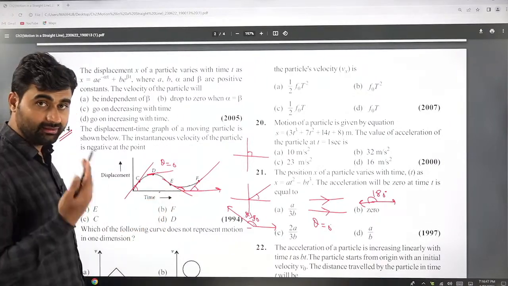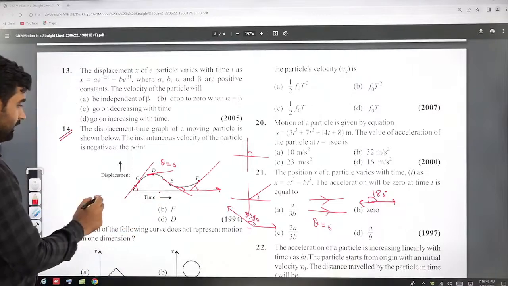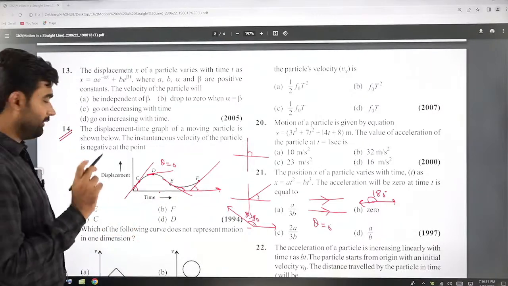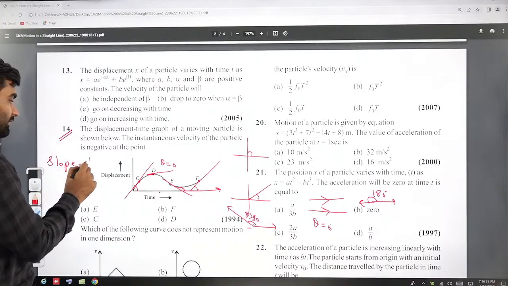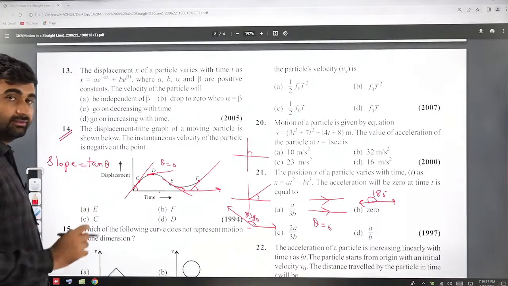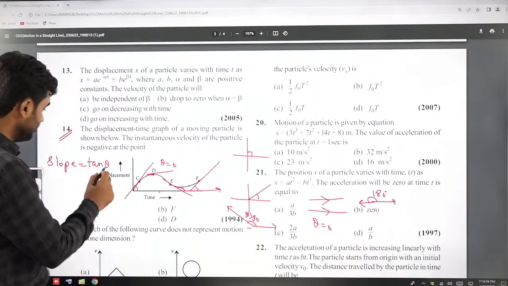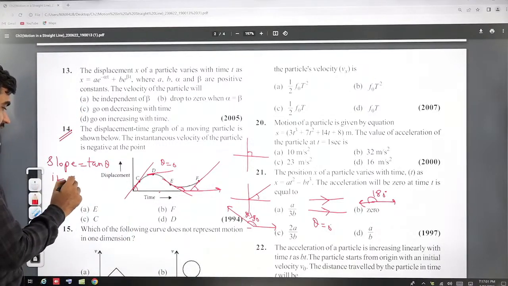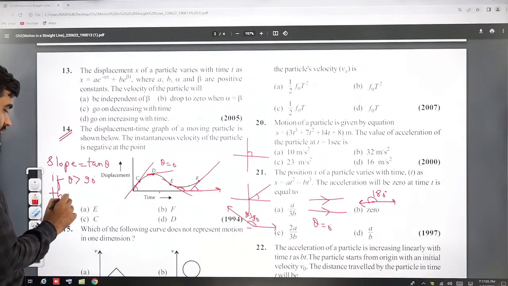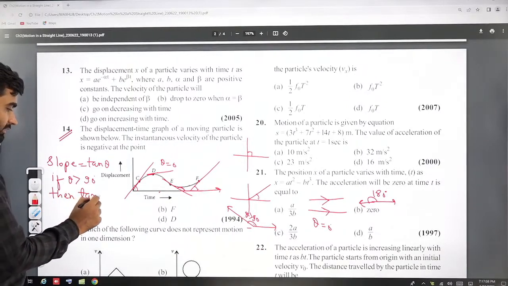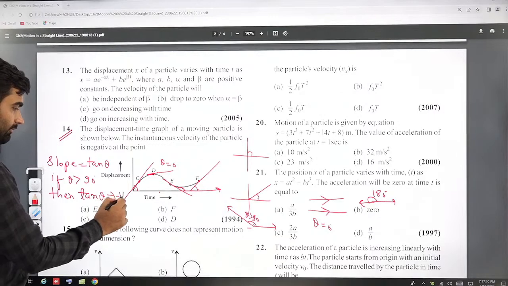So if the total angle is greater than 90, then the slope is negative, because slope is equal to tan theta. And if theta is greater than 90, then tan theta is negative.